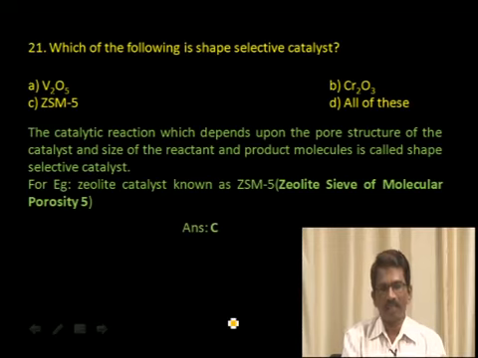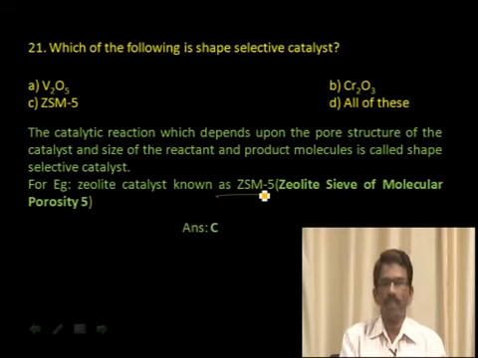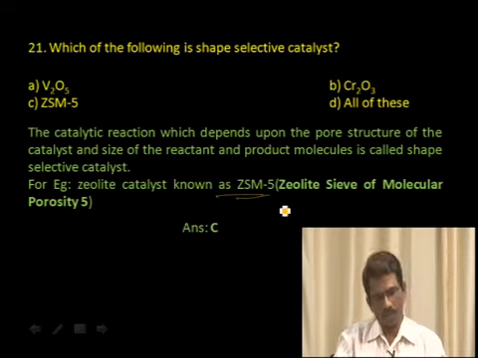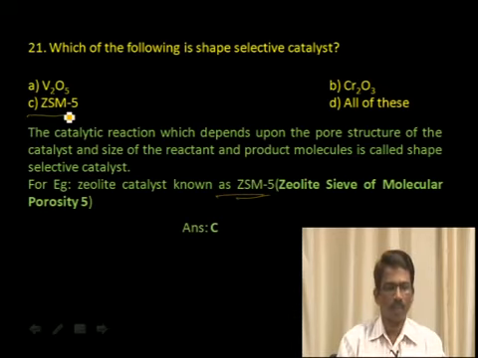The well known example for a shape selective catalyst is ZSM5, which is also called a zeolite catalyst, and ZSM5 is nothing but zeolite of molecular porosity 5, and definitely option C, ZSM5, becomes the correct shape selective catalyst.